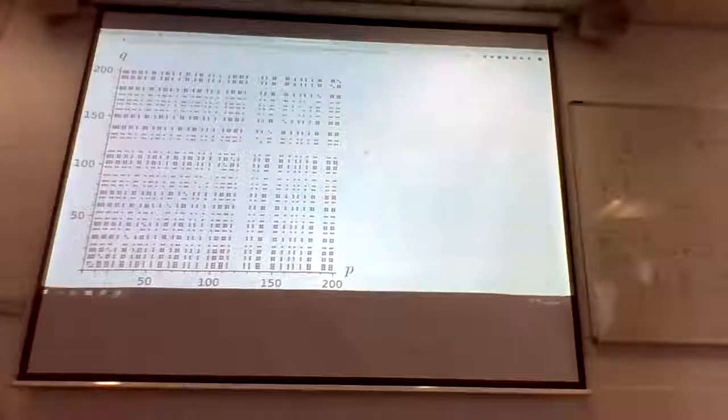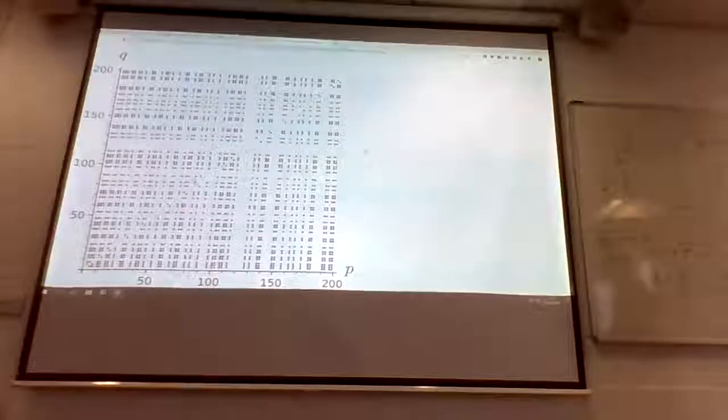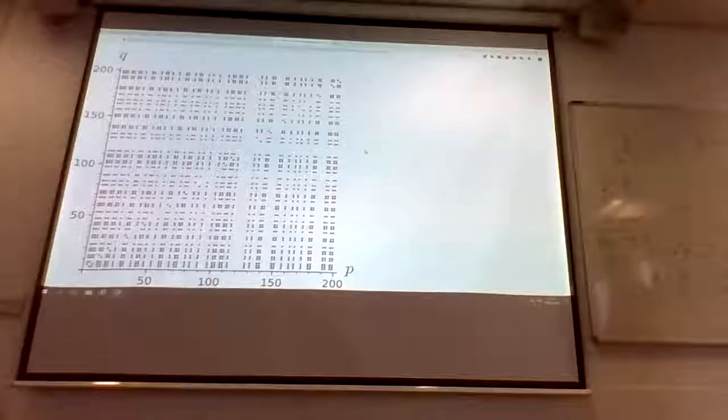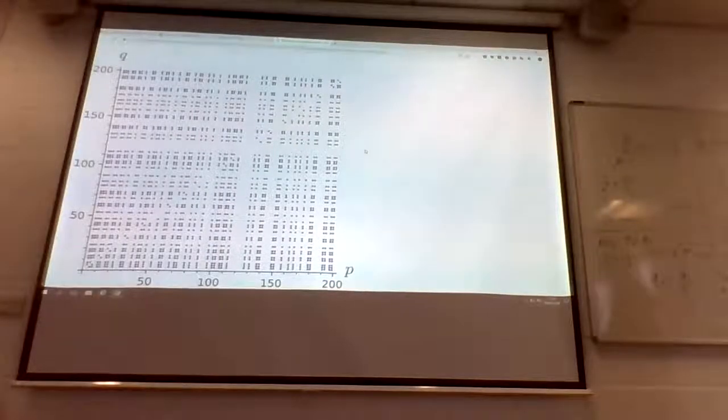Another question is: are there more blue dots than red dots? Is the chance of one prime being a residue modulo another 50-50? I think it is. If you count up all the red and blue dots, you'll find they're roughly equal in number.